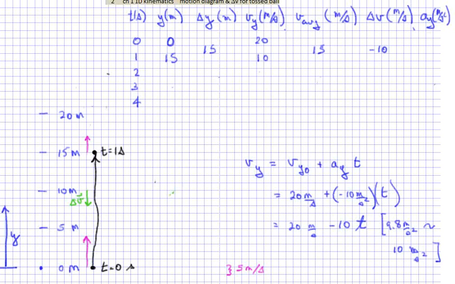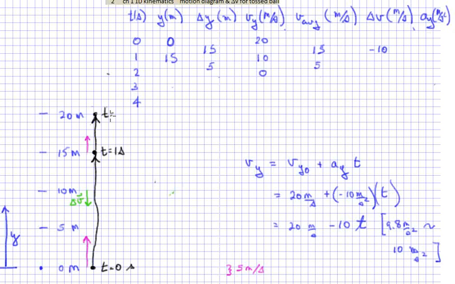Okay, stepping 1 second forward again, over 1 second I have another minus 10, which is going to get me to 0. The average between 10 and 0 is 5 meters per second, which means my displacement is 5. So I can go up another 5 meters. It's still a positive displacement, which means up because of my coordinate axis.